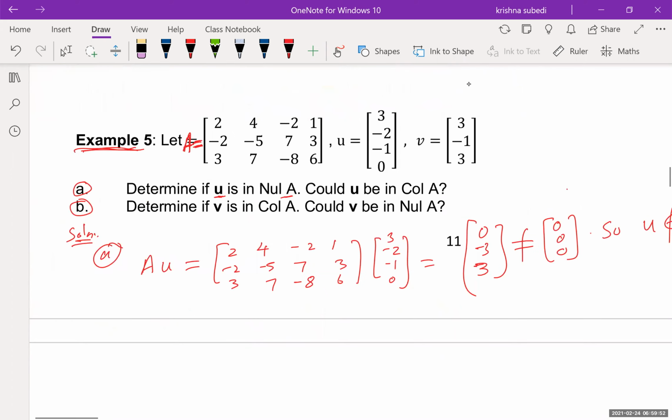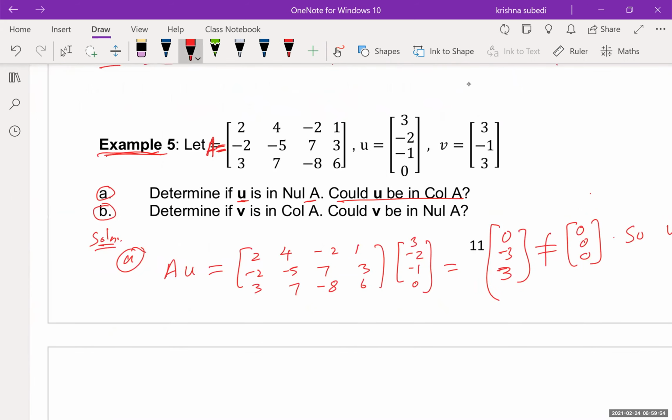Now the next question: could U belong to the column space of A? U has 4 entries, but the columns of A have only 3 entries, so it cannot be.